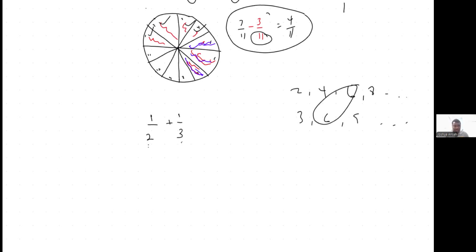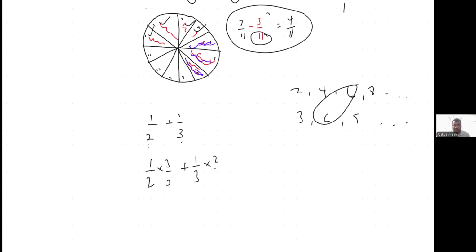What do I multiply 2 by to get 6? That is 3. What do I multiply 3 by to get 6? That is 2. So I'm going to multiply the first fraction by 3 out of 3, which is 1, so I'm not making any difference, and the second by 2 out of 2.